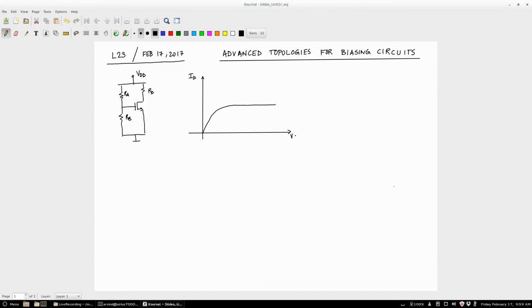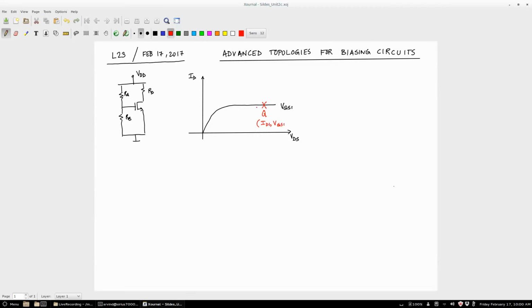It basically put you on some point on this curve, which was ID versus VDS for some value of VGS. So using all of this, you made this VGS, some VGS1. So you set your operating point somewhere there.